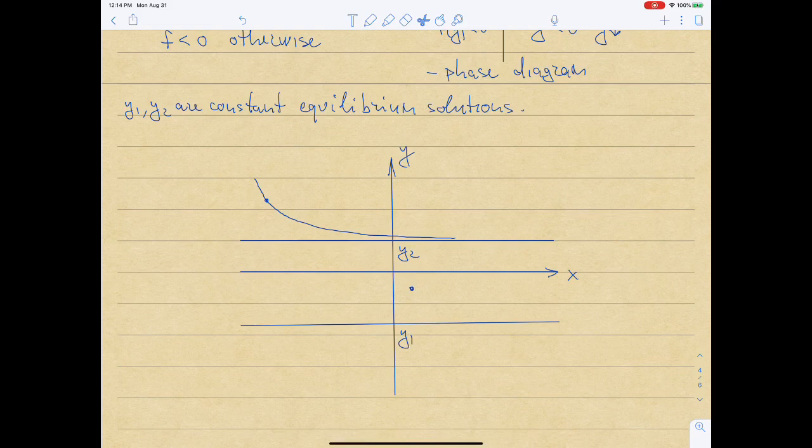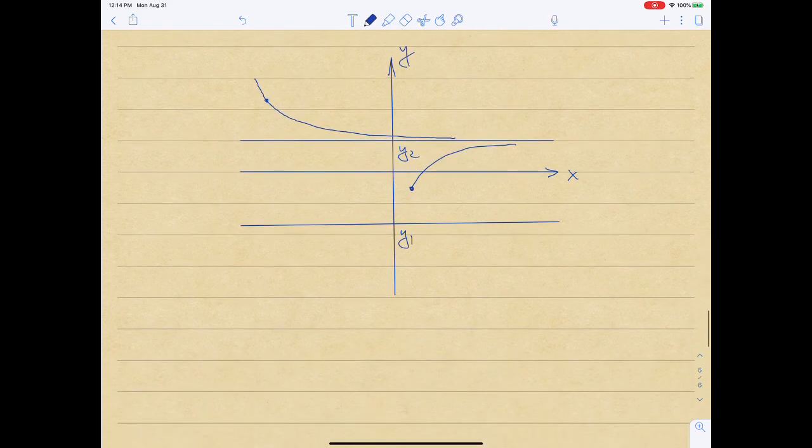So the only possible behavior here is that you are increasing, but then you have to level off and have a horizontal asymptote at y2. If you go in a direction prior to your initial point, you still have to stay increasing there. So then you'll have another horizontal asymptote at y1 as x goes to minus infinity.